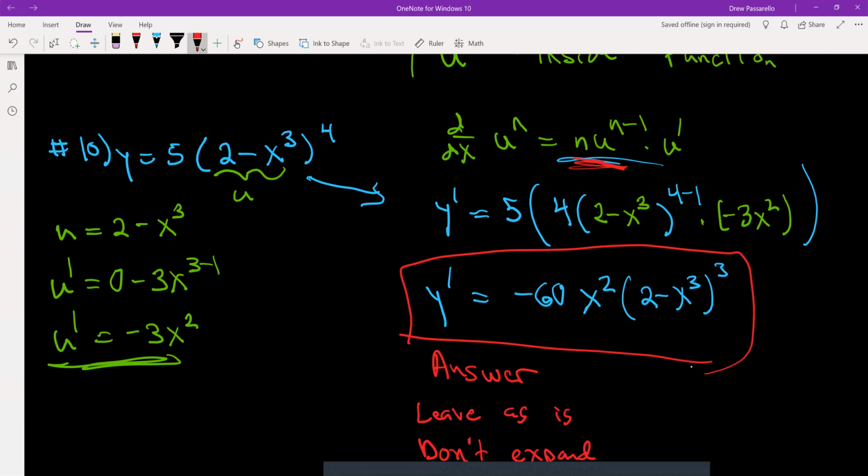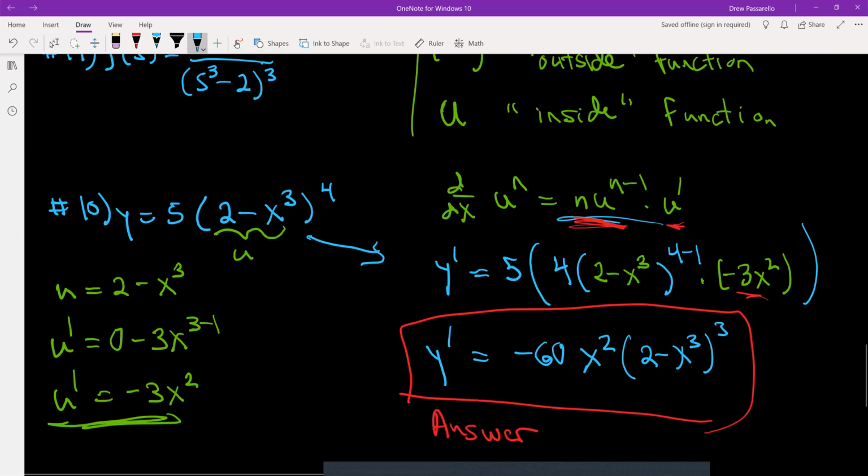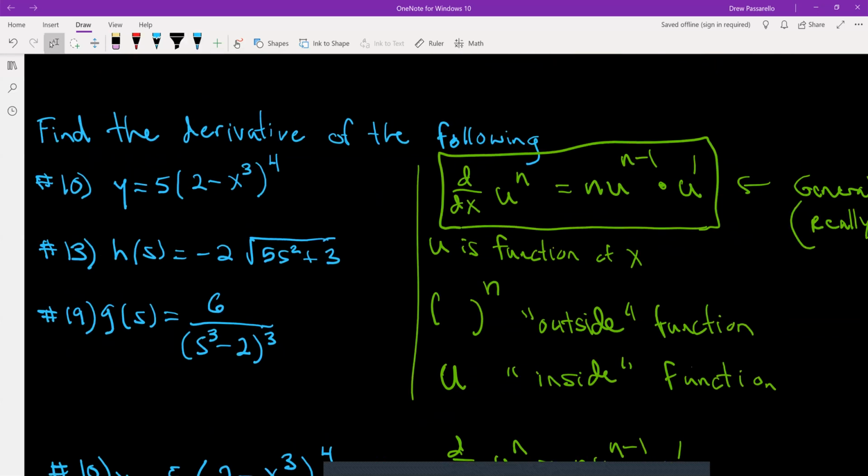The inside function is u, so that'd be times u prime. And I found u prime is negative 3x squared, so that's why it's times negative 3x squared right here. And then it's just a matter of simplifying it. So I did 5 times 4 is 20. 20 times negative 3 is negative 60. I put the x squared first, and then the 2 minus x cubed part last. And then it'll be to the third power, since that's 4 minus 1. Okay, so that's that problem, number 13.